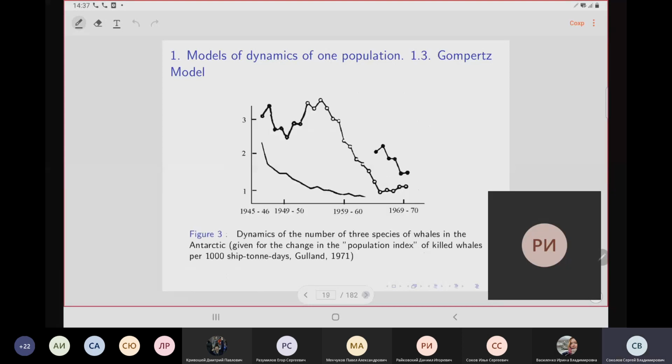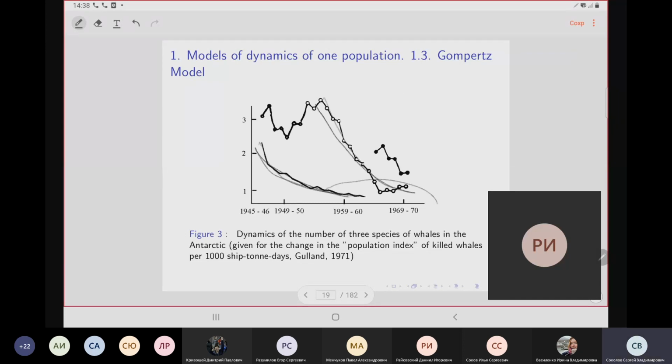And the next one is the situation of whales. Unfortunately, the hunt on whales led to an exponential decrease of the whale population.